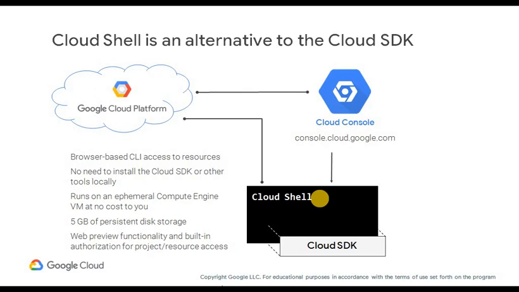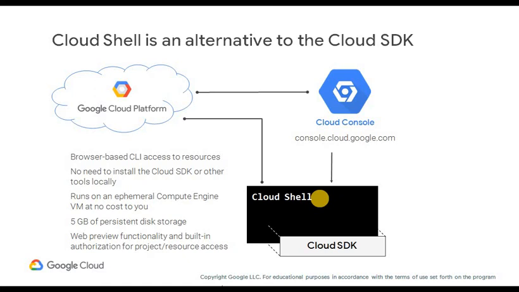The Cloud SDK command line tools and other utilities are always available, up to date, and fully authenticated. Your Cloud Shell virtual machine is ephemeral, which means that it will be stopped whenever you stop using it interactively, and it will be restarted when you re-enter Cloud Shell.